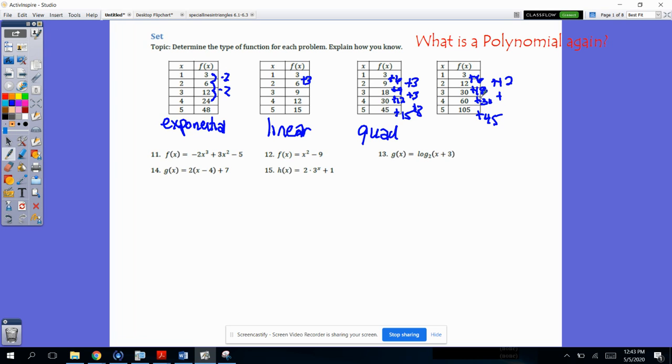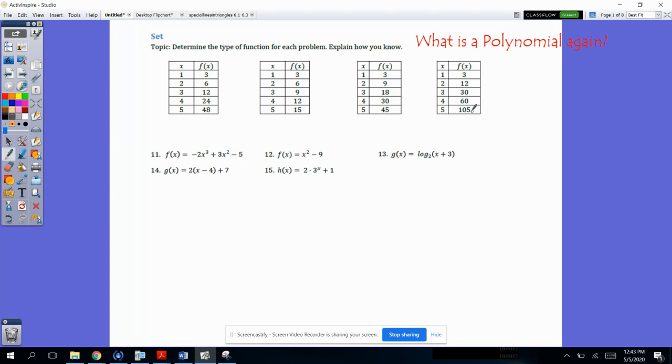Let's do minuses here. 105 minus 60 is what, 45? 30, that's what I did wrong. 18 and 9. So then what do you have here?